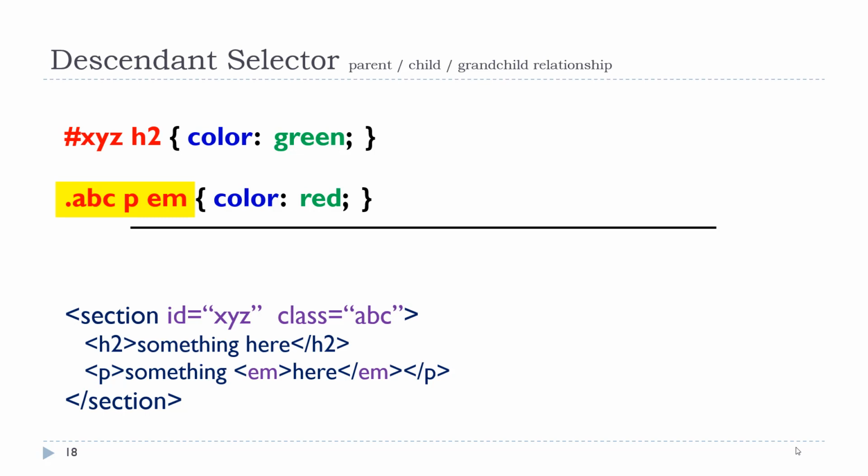Well, we know that classes can be used in multiple locations. In the example here, in the section element, we also have a class attribute, class equals ABC. So that is referencing this section. Inside that section, we have the paragraph, and that paragraph has an EM child. So the style will be applied to the text inside the EM.